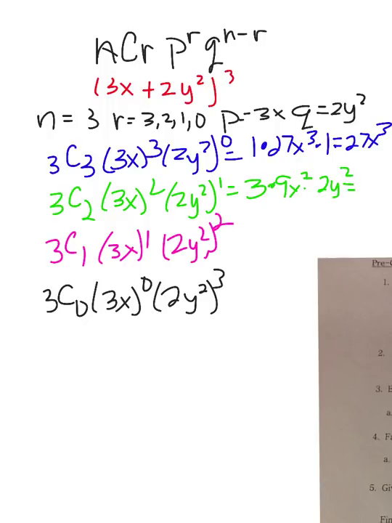So this gives me 3 times 9 times 2, which is 54. So it'll be 54x²y². It's a square in there.